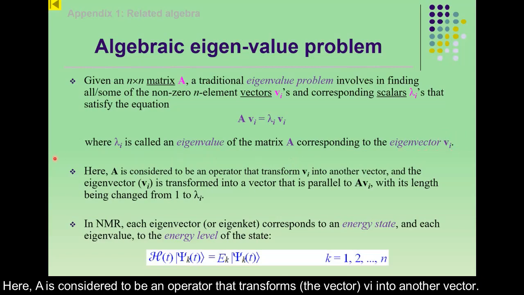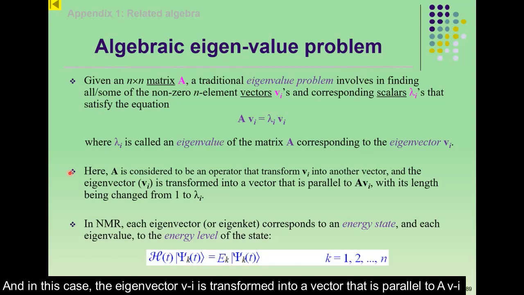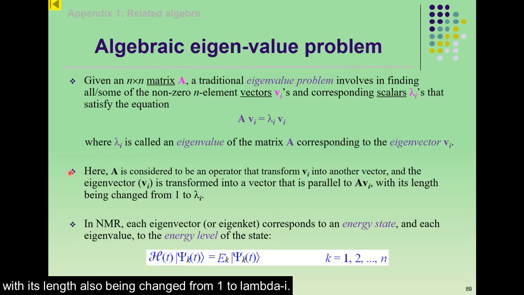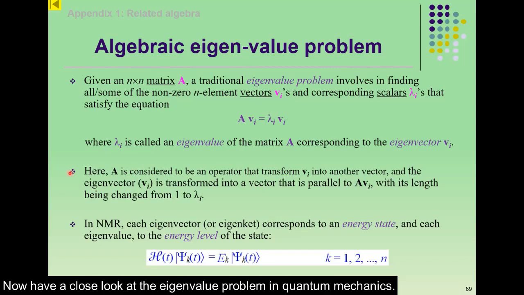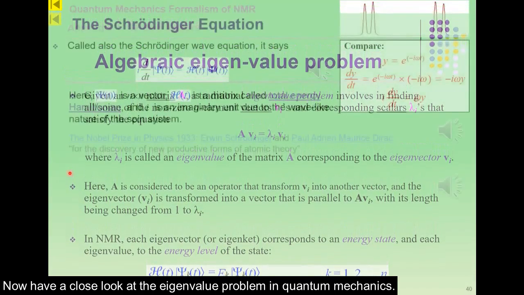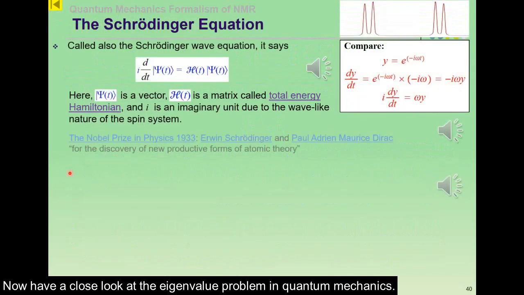Here, A is considered to be an operator that transforms v i into another vector. And in this case, the eigenvector v i is transformed into a vector that is parallel to v i, with its length also being changed from 1 to lambda i. Now, have a close look at the eigenvalue problem in quantum mechanics.